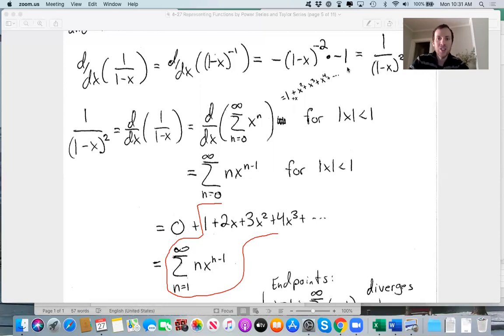So that's not a necessary step, but it is something that sometimes happens if you're looking at examples in the textbook or other places, that sort of changing the index to throw out these 0 terms can be done.